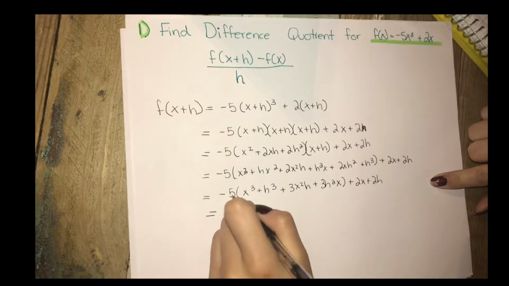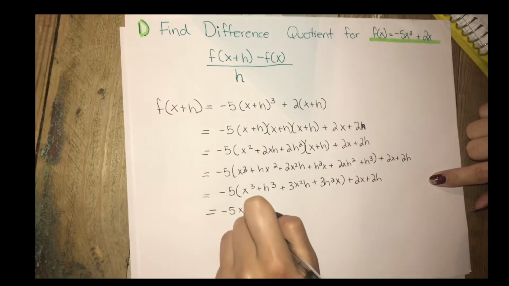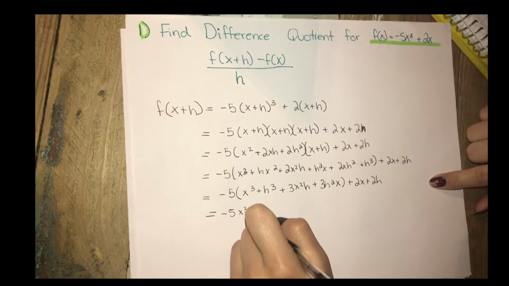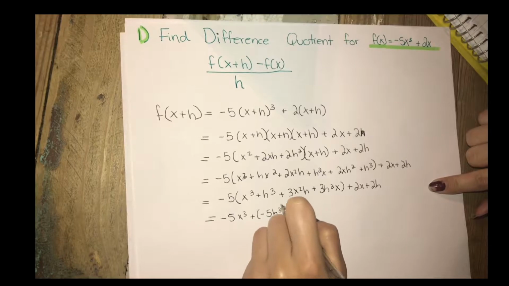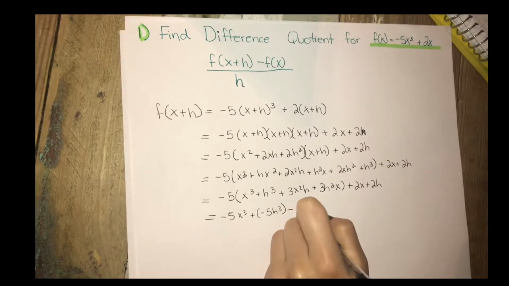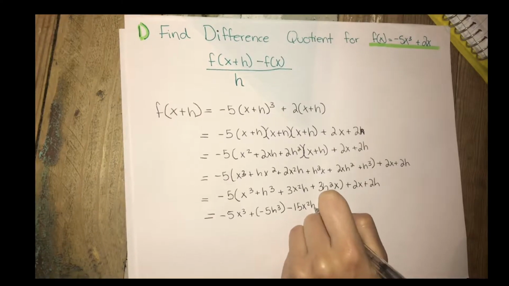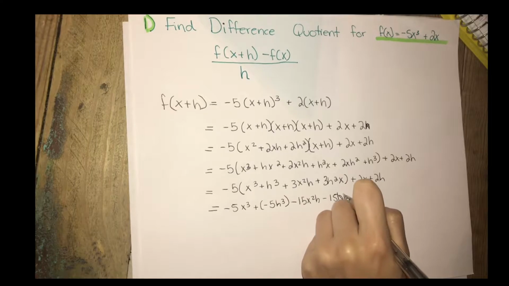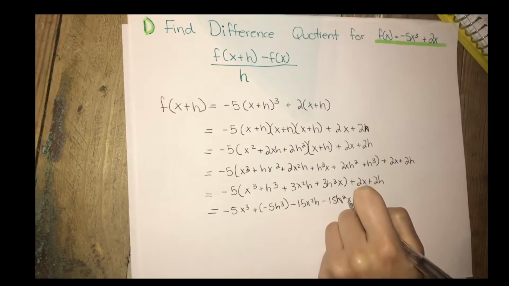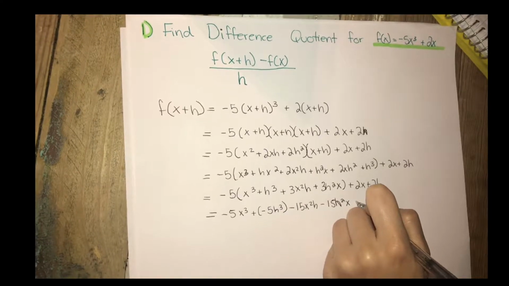Next, you would just write everything down, distribute the negative 5 into everything that's in the parentheses. So it would be negative 5x to the third minus 5h to the third minus 15x squared h minus 15h squared x, and then just rewrite the 2x plus 2h.